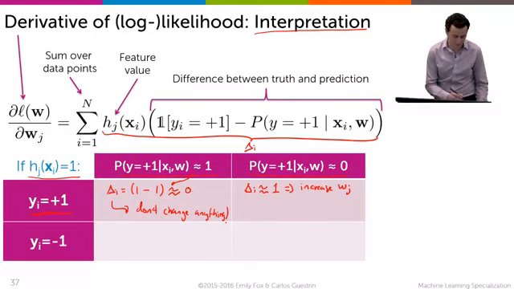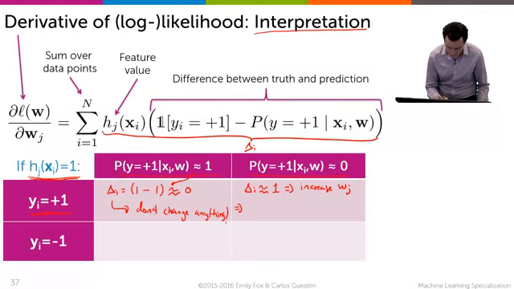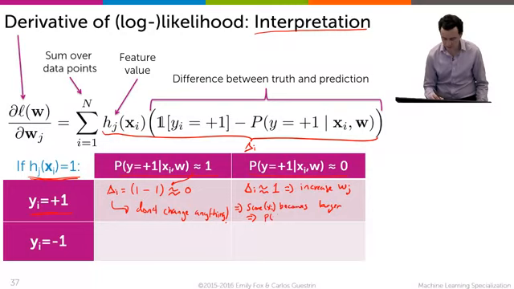And remember that if hj is a positive number and it's multiplied by a bigger coefficient because we just made it a little bigger, that implies that the score of xi becomes larger, and that implies, in a sense, the probability that y is equal to plus 1 given xi and w increases.